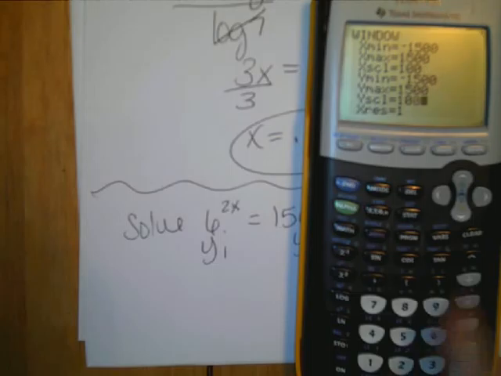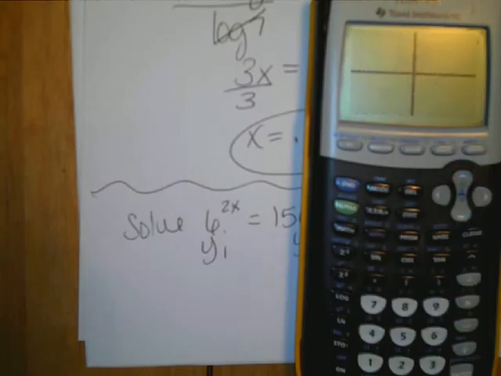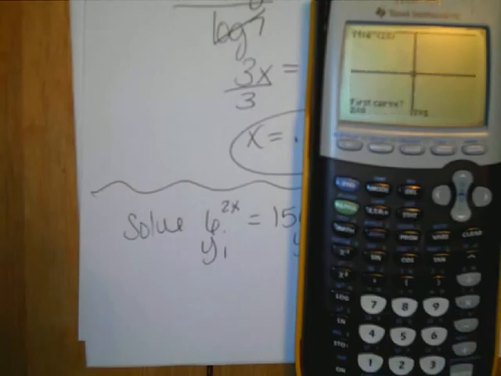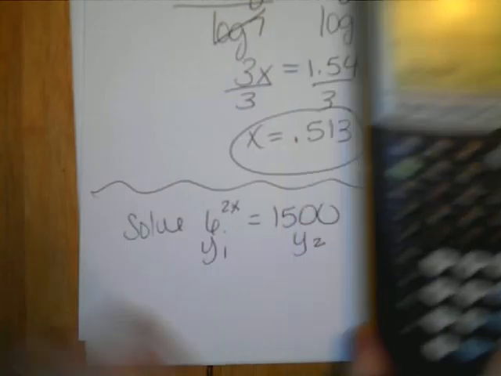And graph. Now, if I go second trace, intersection, wherever these intersect, that is my solution.